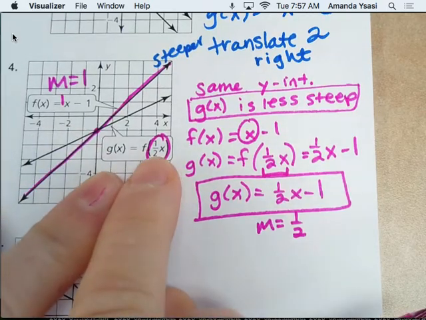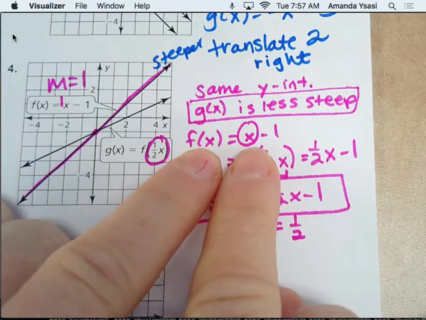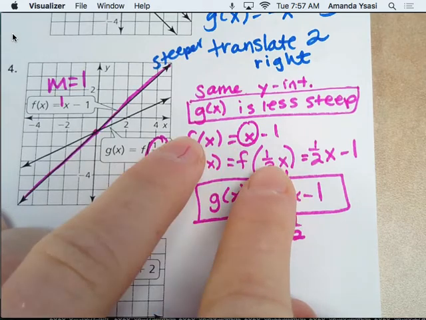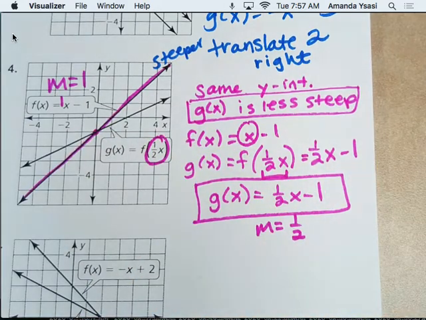I'm plugging in half x for x. So instead of, see how this is f of x? This is f of half x. So instead of writing x minus 1, I'm doing half x minus 1. I just substituted in the half x for our variable x. Yeah, it's just going to take a little bit of time.